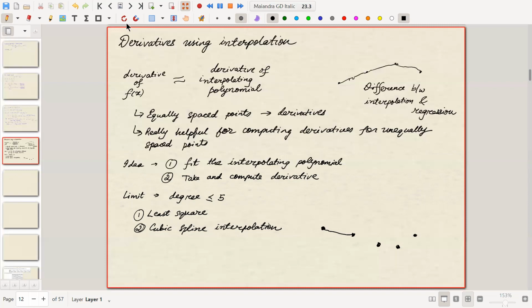I saw a lot of students trying so hard to make it tension free. It should not slack, like it should not be like this or like this. It should be tension tight. Seeing those things reminded me of this spline.